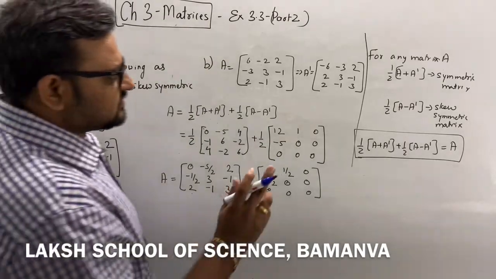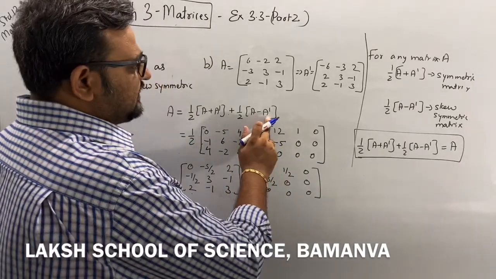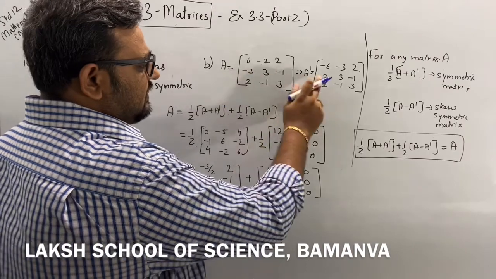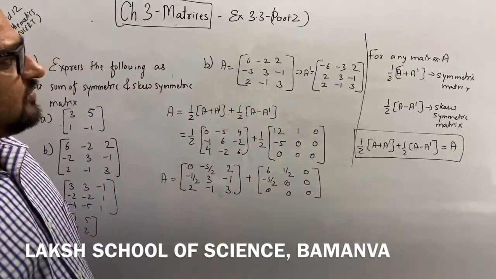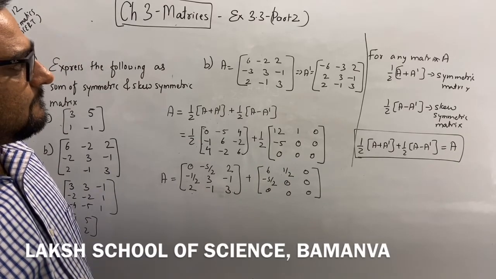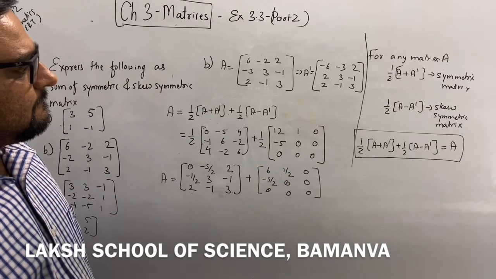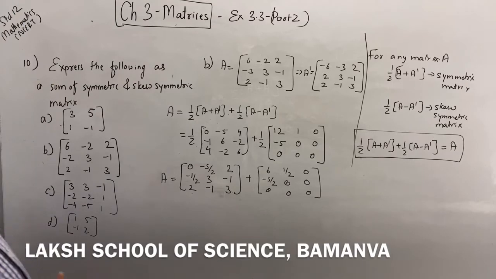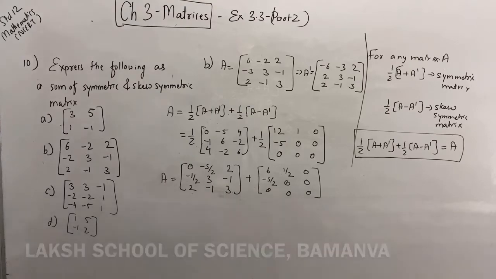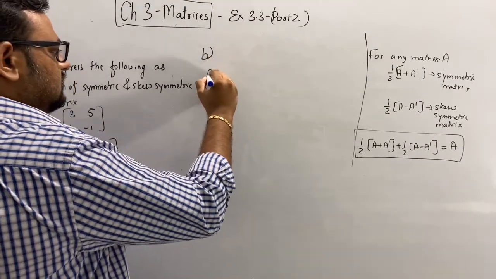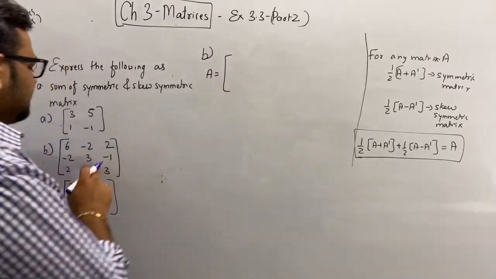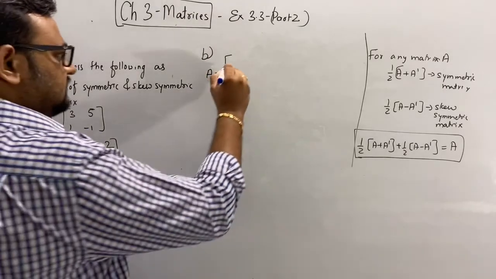Okay, just there is a mistake. When I do A minus A transpose, minus 3 minus minus 2 is 5 and minus 6 minus 3. I am naming this matrix as A.